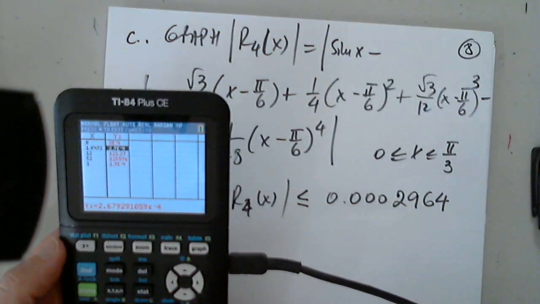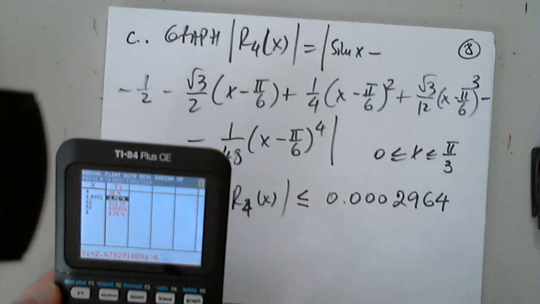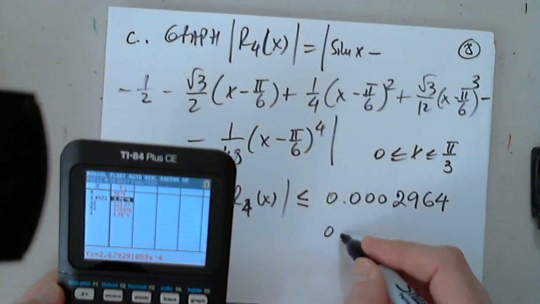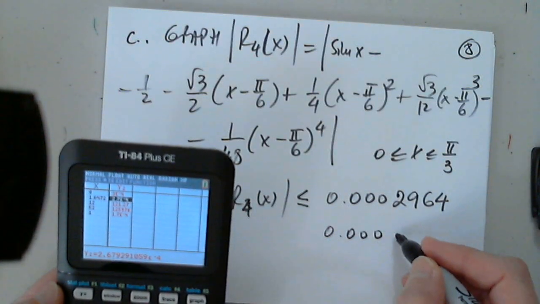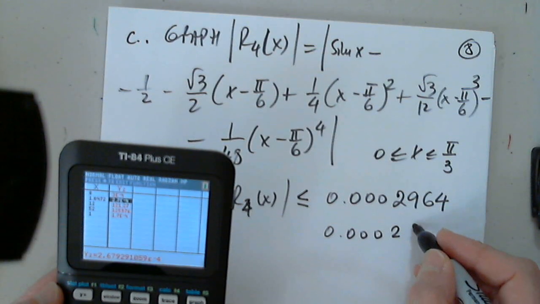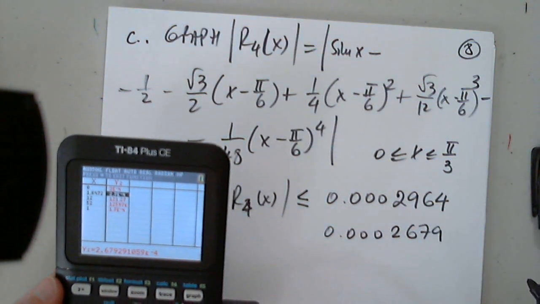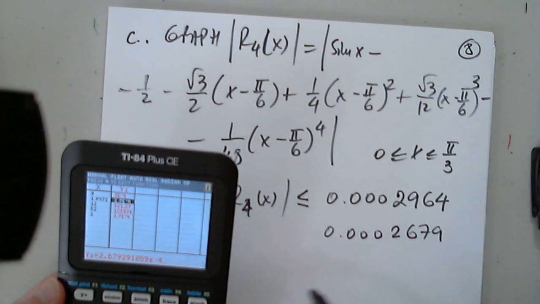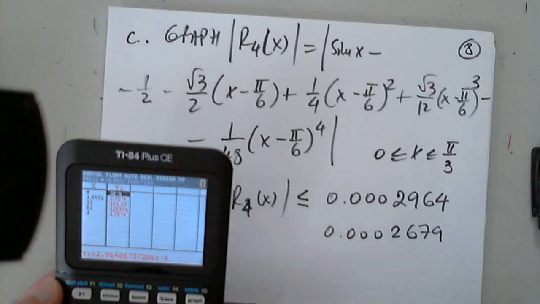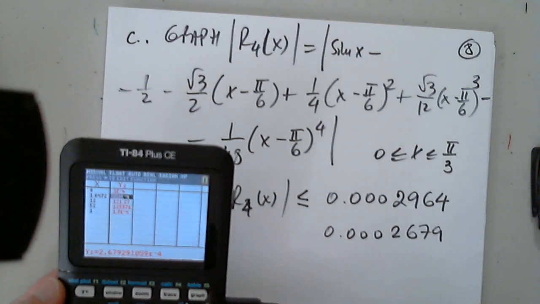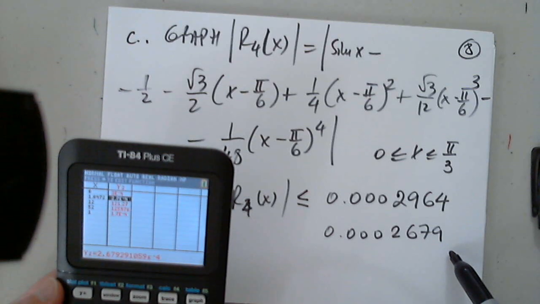And if we want to look at the other one, that is 0.000269. Still an even better improvement. So this was 2964, and this was 2679.